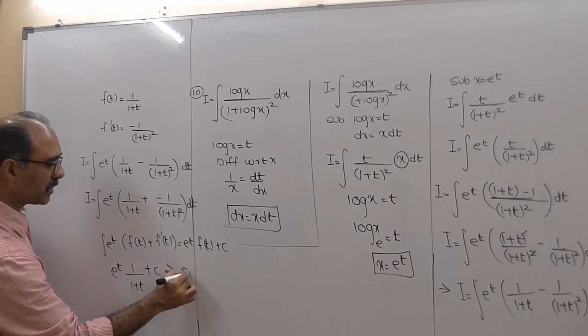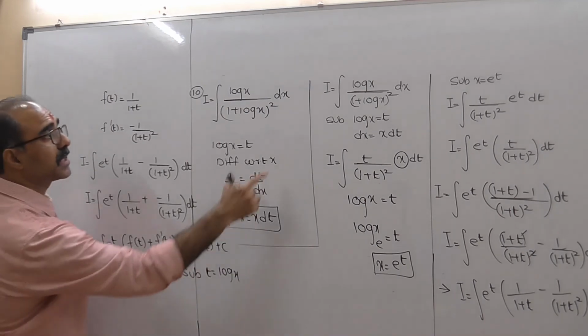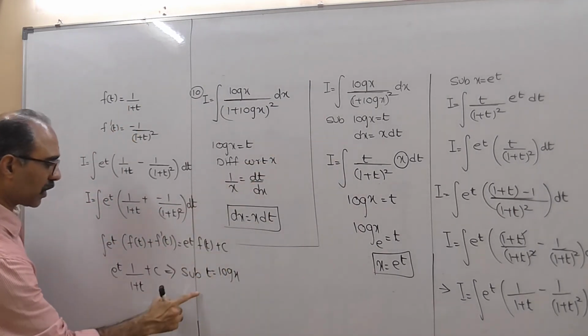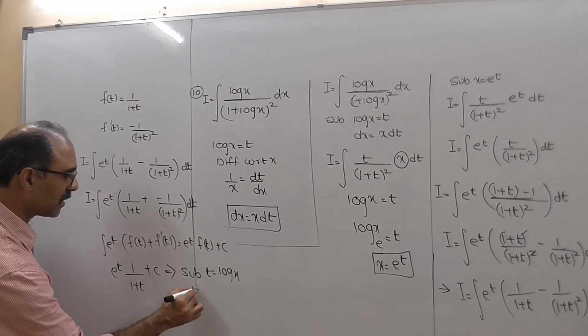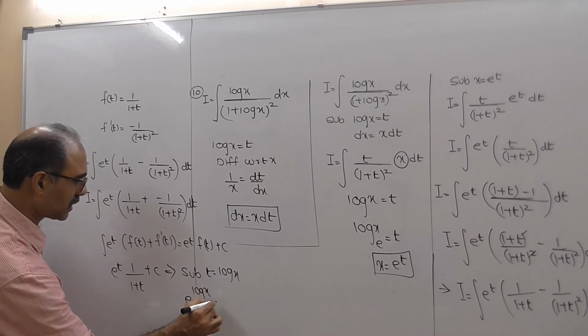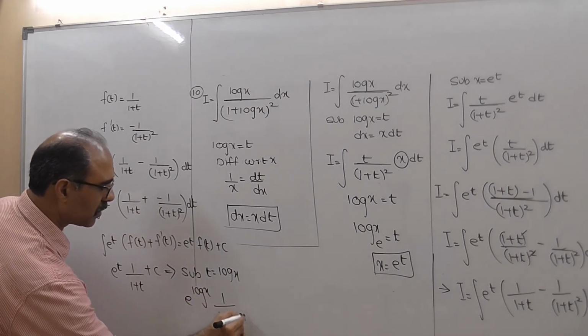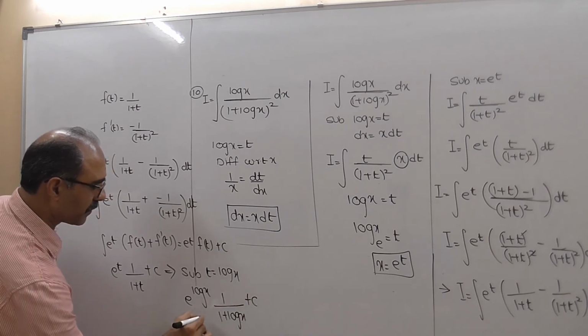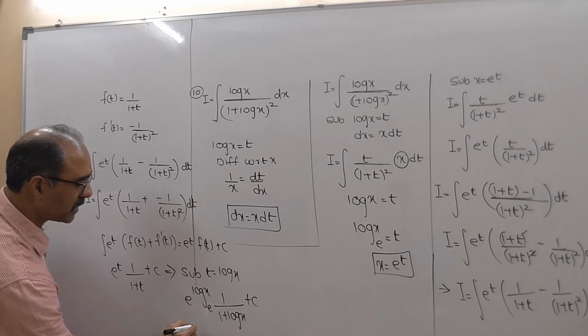Now what I have to do is substitute t equal to log x, because my t was equal to log x. So what do I get? I get e raised to log x plus c. So log x, we will write it as log x to the base e.